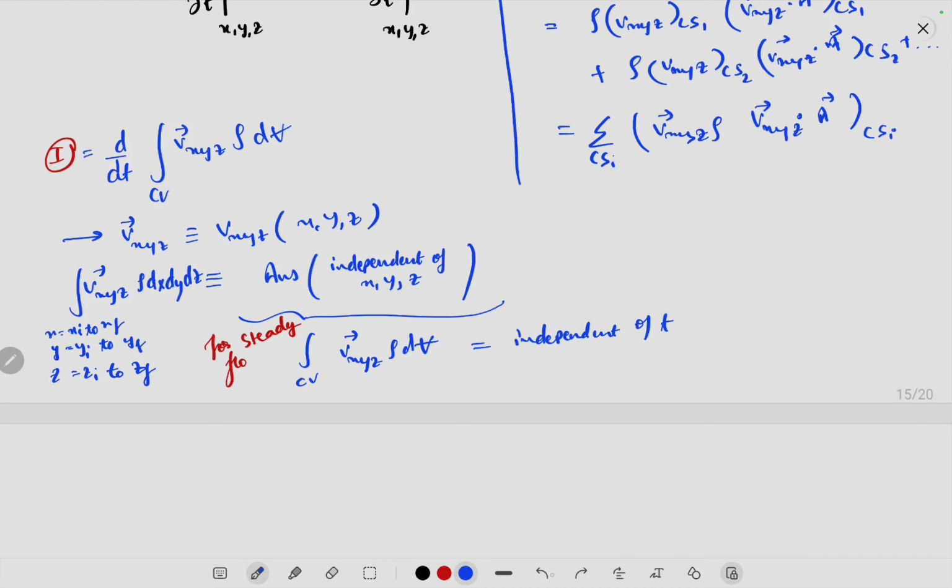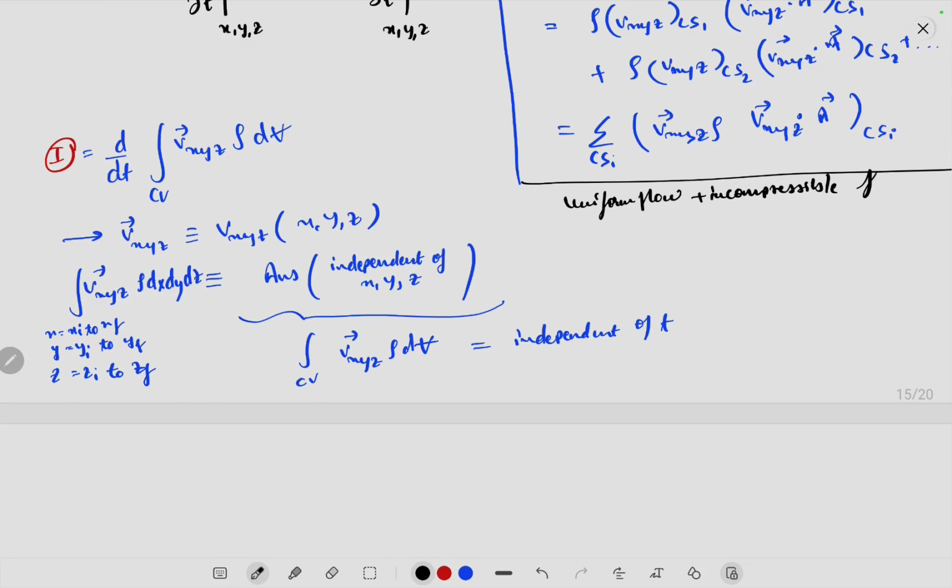Actually, just for clarity, let me just write it again. So what were we given? We were first given uniform flow and incompressible flow, right? Okay.